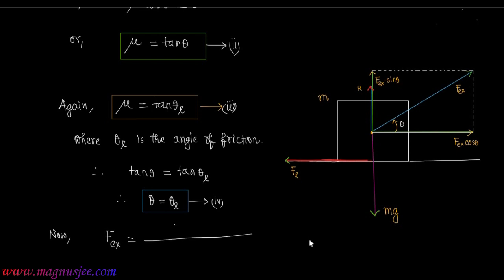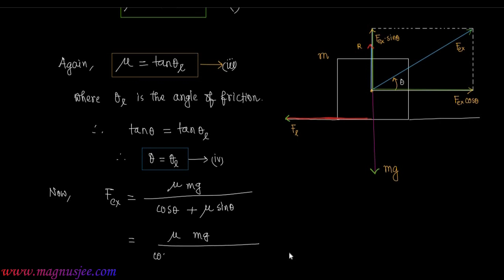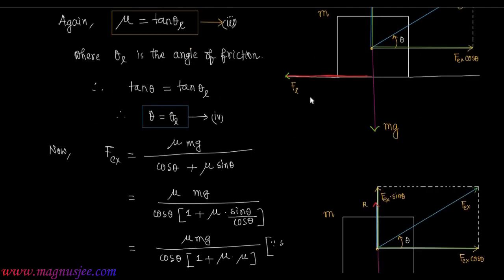Now, the expression of the pulling force is Fex equals mu mg divided by cos theta plus mu sin theta. Taking cos theta common, this is mu mg divided by cos theta into (1 plus mu sin theta by cos theta).